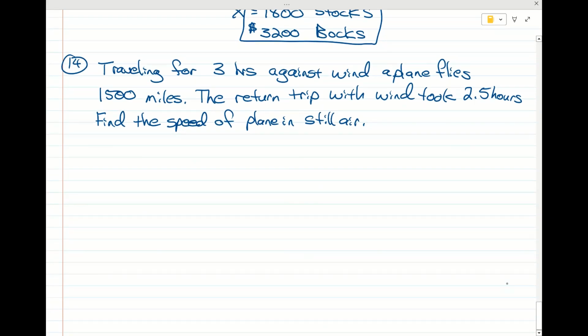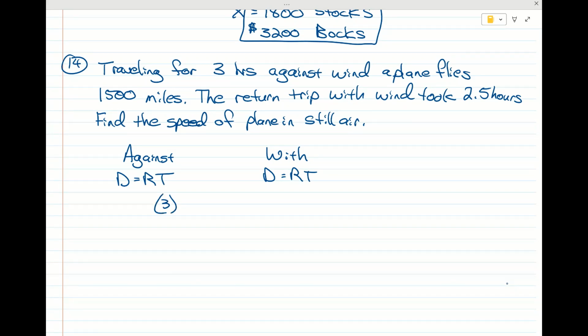Well, it looks like we're flying against the wind and we're flying with the wind. Now, against the wind, if distance is equal to rate times time, we took 3 hours, and our speed is going to be the speed of this plane in still air minus the wind. And that's 1,500 miles.